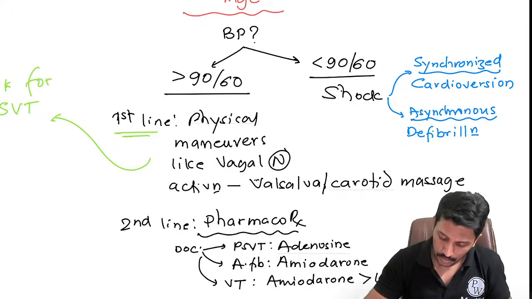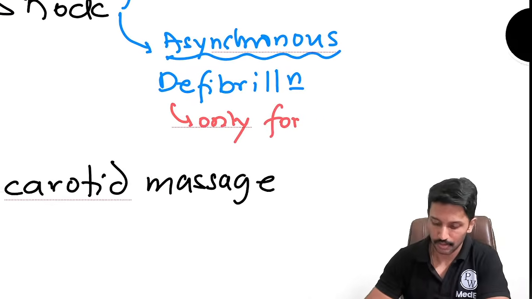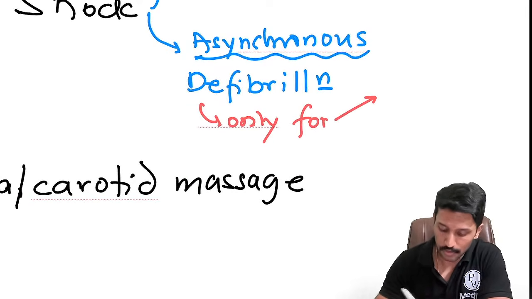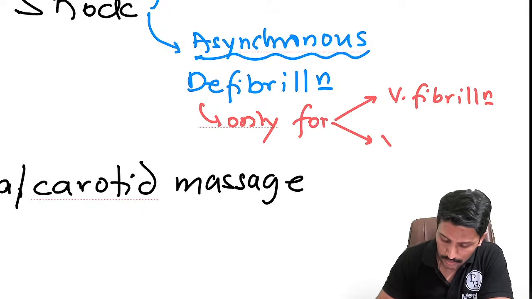So defibrillation is only for two arrhythmias. What are those two arrhythmias where we actually go for defibrillation? One of them is going to be ventricular fibrillation, and the second one is VT without pulse.